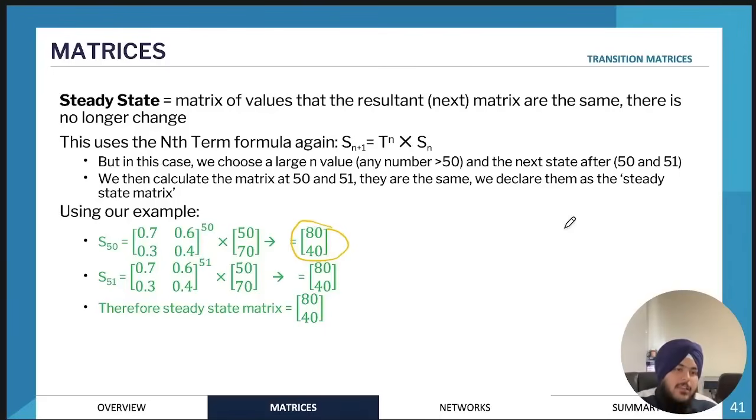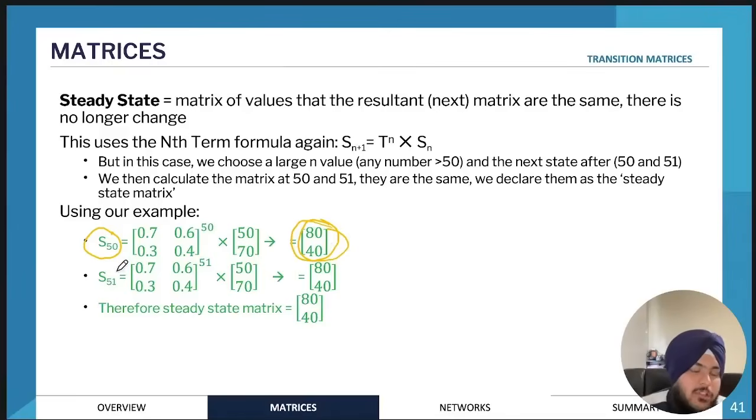And to find the steady state, what you need to do is find the state matrix after, for example, 50 days or after 51 days, a really high number, usually greater than 50. And then let's just say after 50 days, it's going to be 80 students at the oval and 40 at the canteen.